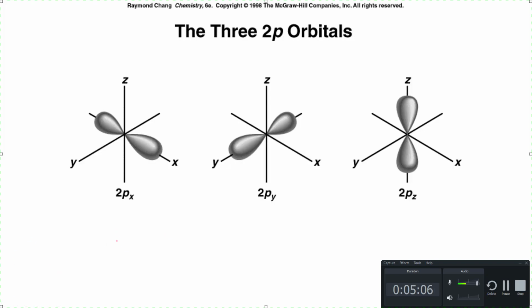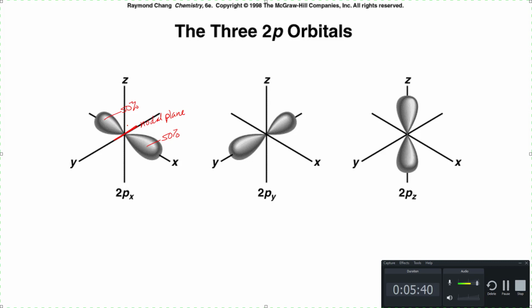P orbitals: there are 3 degenerate p orbitals, and what I mean by that is that they have the same energy. Basically there is an x, y, and z orientation of those, where the electron spends 50% of its time in this dumbbell shape, and the other 50% of its time here, and there is a nodal plane here, where you have 0 probability of finding the electron.